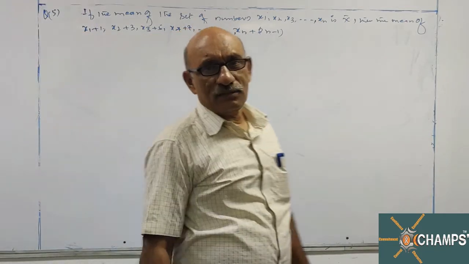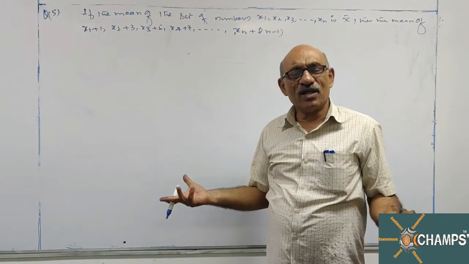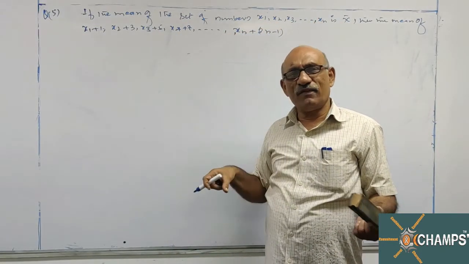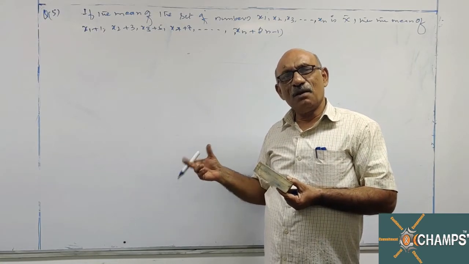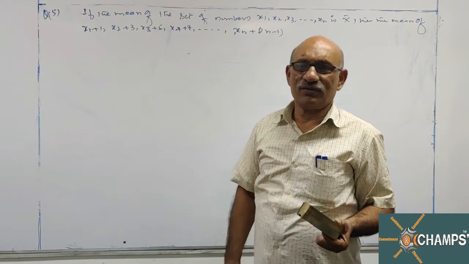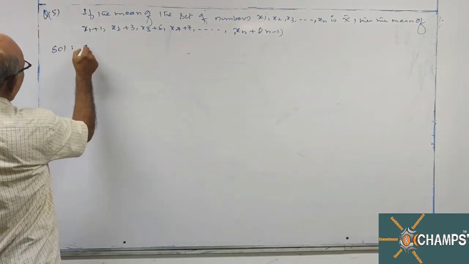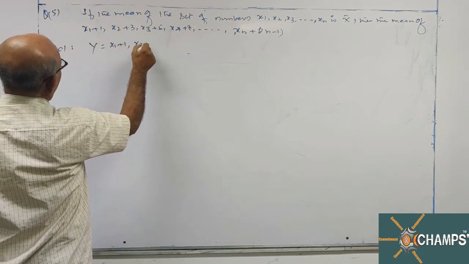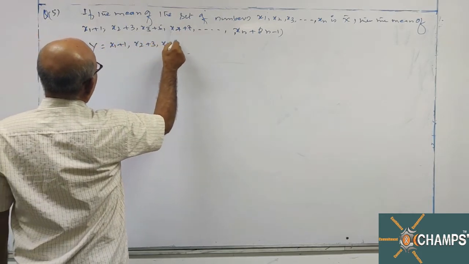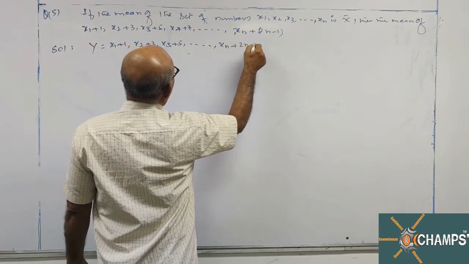Odd numbers I'm adding. I know the answer straight away. Required answer is equal to mean of x1 plus x2 plus x3 plus etc. xn, plus mean of odd numbers. See the solution. Let y be x1 plus 1, x2 plus 3, x3 plus 5, xn plus 2n minus 1.